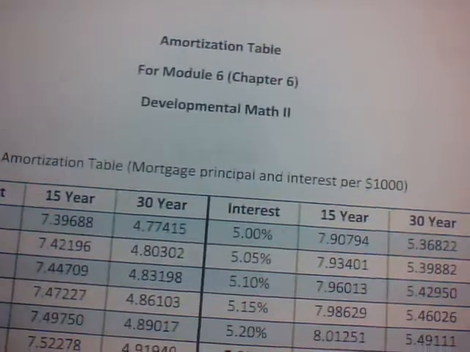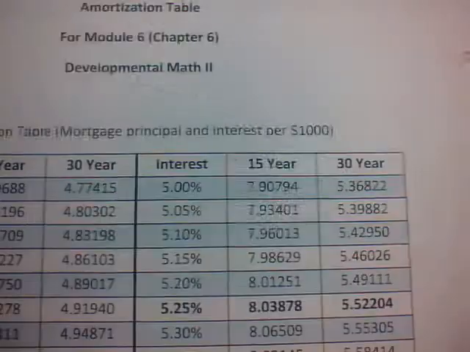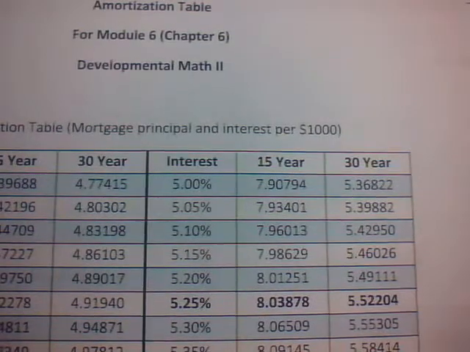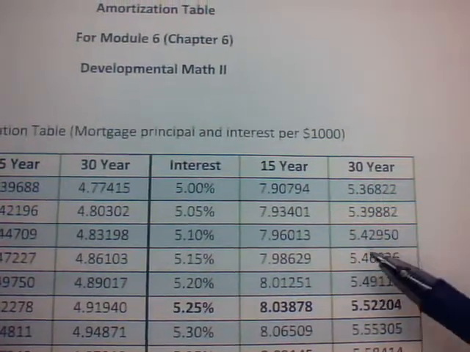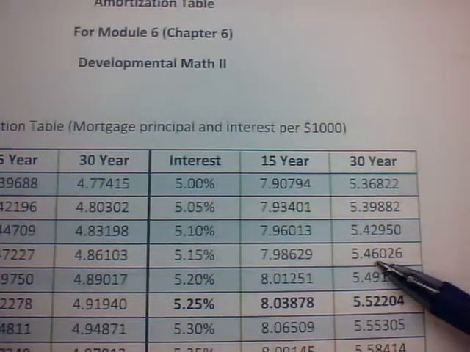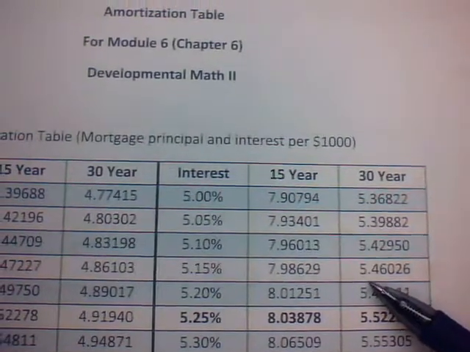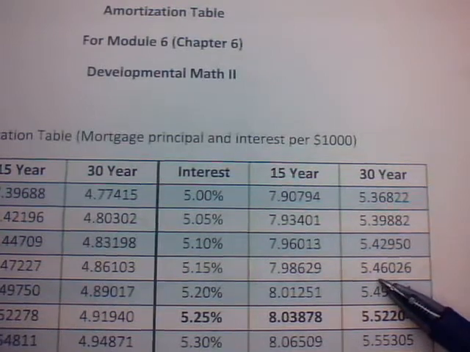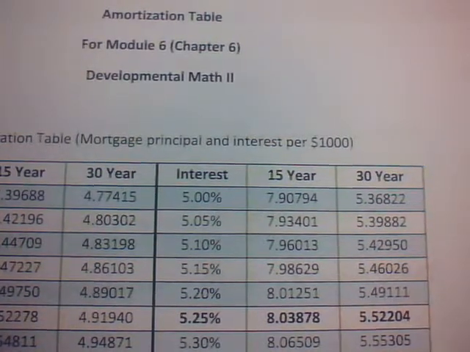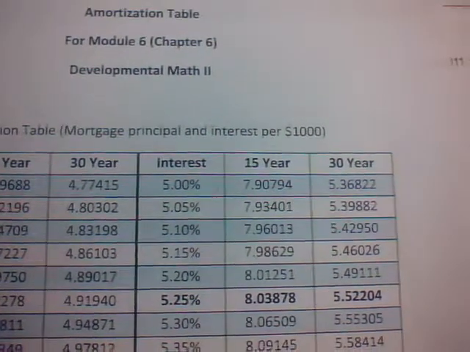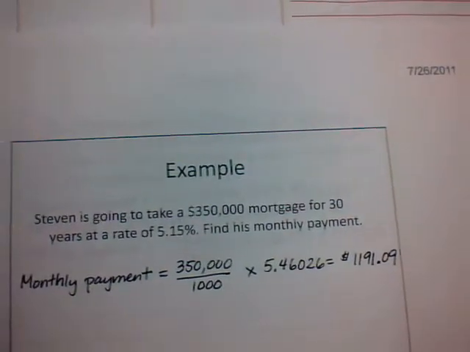And here it is. So here we're looking at a 30-year mortgage, which is this column right here, at 5.15%. So if we read across in this column for 30 years, that effective rate factor is 5.46026. That's the number that we're going to be using.